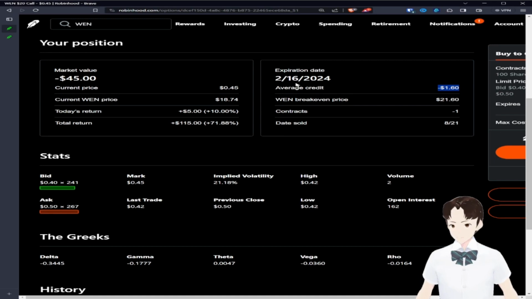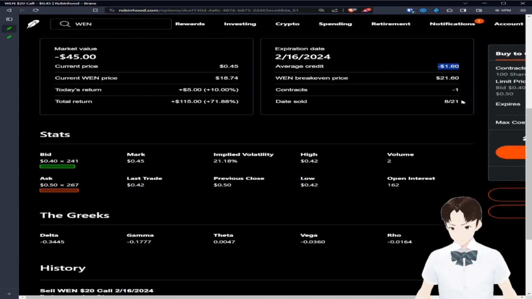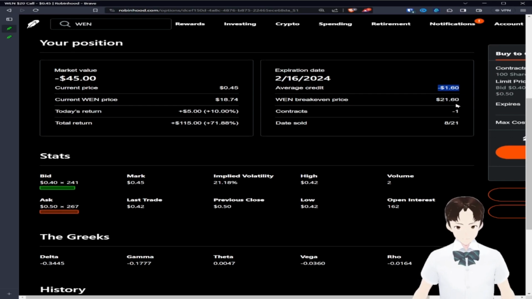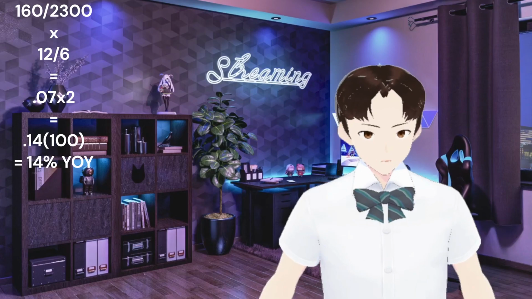Then you have to check the expiration date and when you bought it. The expiration date on this is February 16th, 2024, and when I bought this contract, that was in 8/21. So we're just going to say 6 months for simplicity's sake, so we're going to do 12 months divided by 6 months. I will go to just me, so this is what this is going to look like.